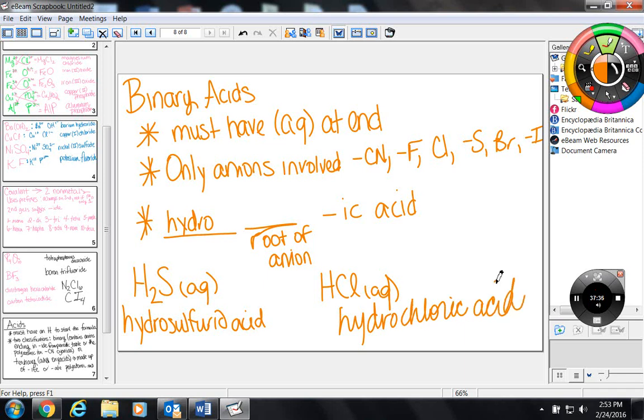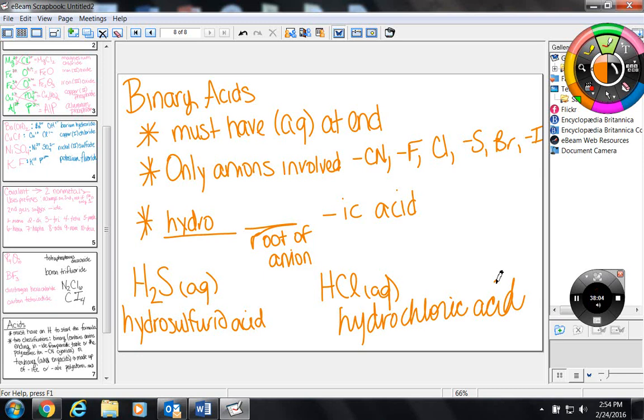Hydro and ic go together, so if you have hydro and ic, it's binary. And you only use hydro and ic with one of these six options. What is it when you're not using hydro, but it ends in ic? It's ternary.